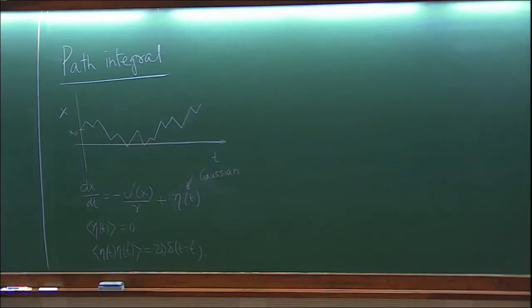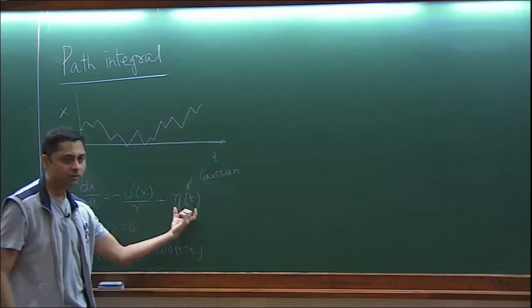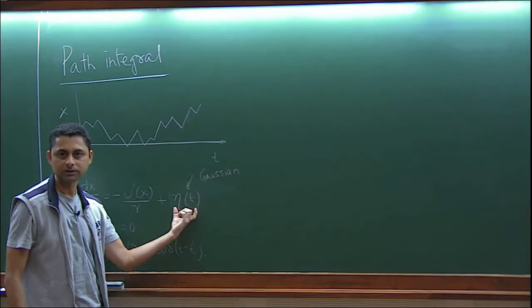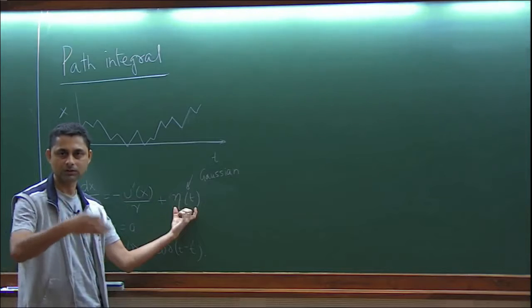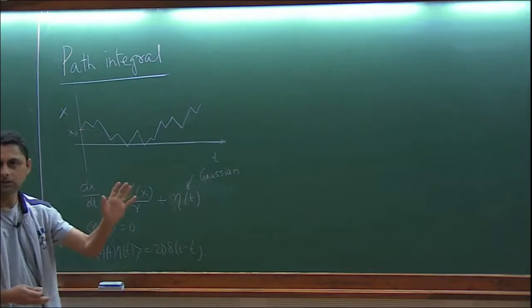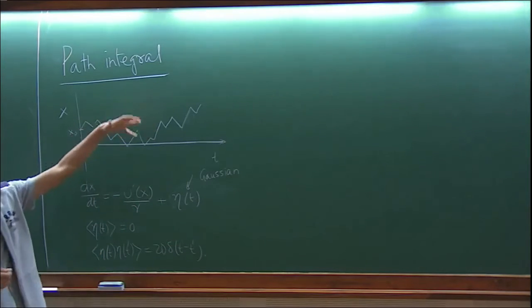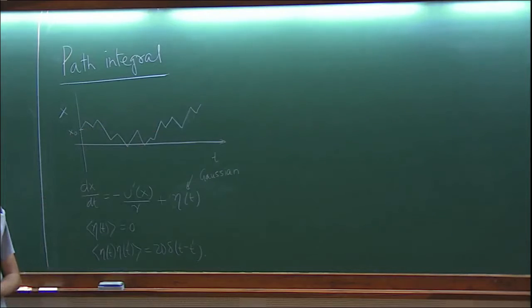In a given realization of the trajectory, if I tell you all the etas, eta 1, eta 2, and so on, I'm just writing this equation in a discretized way, and that specifies the whole trajectory.